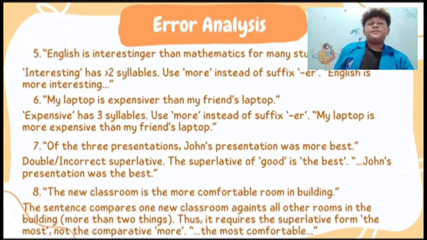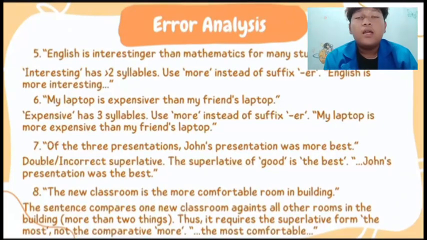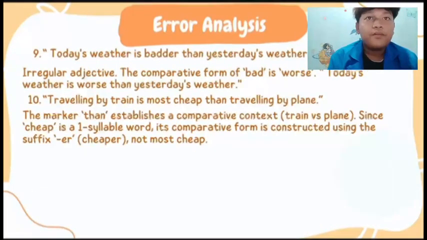And number nine, today's weather is better than yesterday's weather. It is an irregular adjective. The comparative form of bad is worse, and so it should be today's weather is worse than yesterday's weather. Number 10, traveling by train is more cheap than traveling by plane.